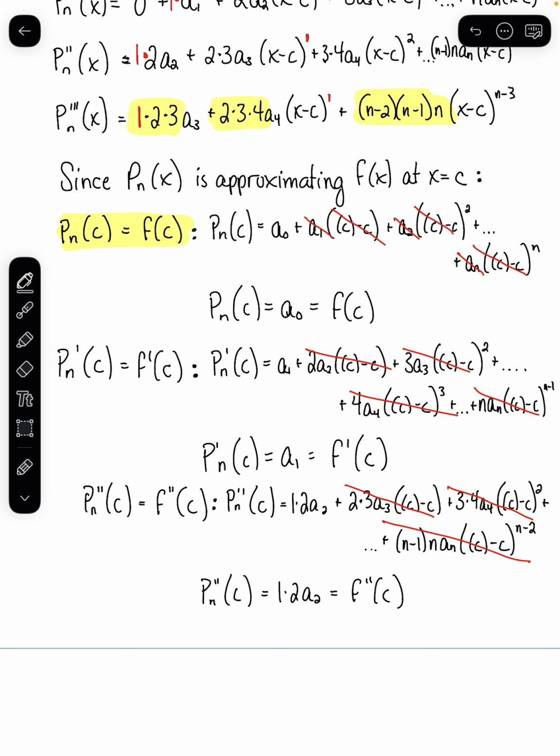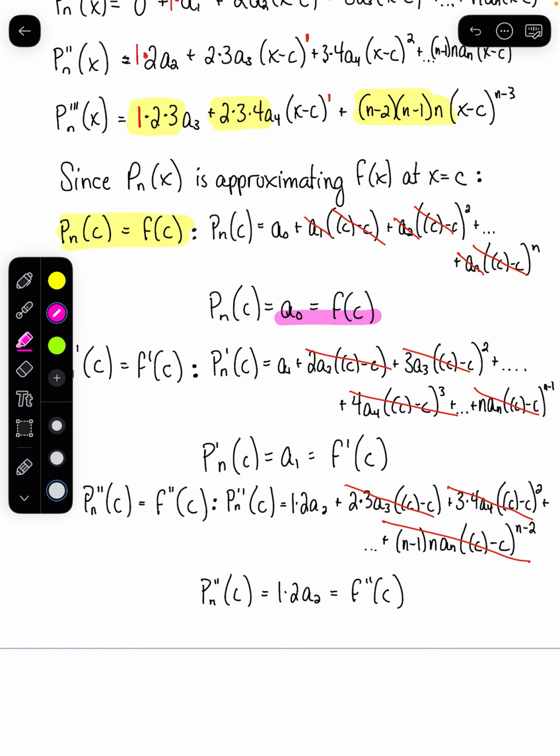Now the purpose of this is to identify what are the coefficients of each term in the polynomial. So far this has been very direct. The coefficient a sub 0 is equal to f of c. The coefficient a sub 1 is equal to f prime of c.